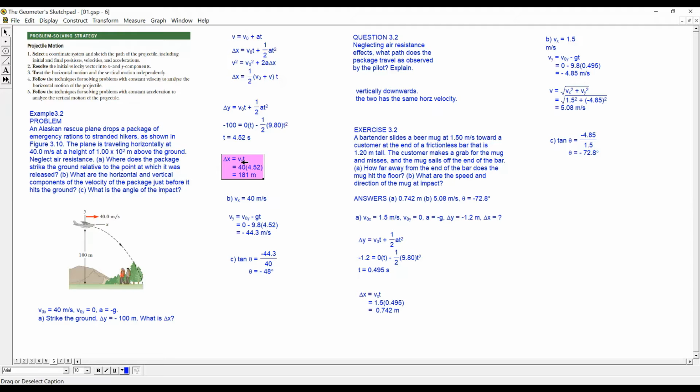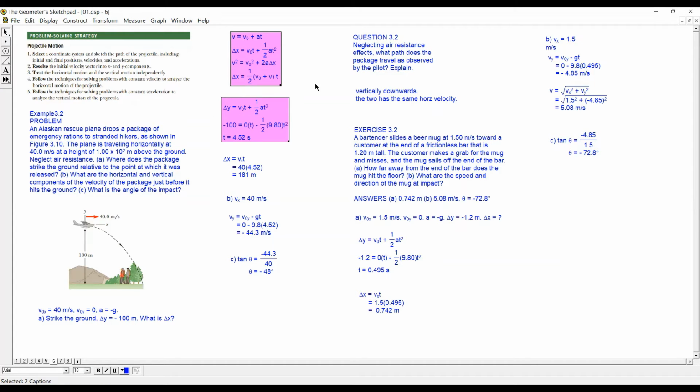So we have to find the time first. So from where are we going to find the time? We are going to find the time not from the horizontal component, but from the vertical component. Okay, so the vertical component, the relationship between the displacement and time, we take this equation number 2.